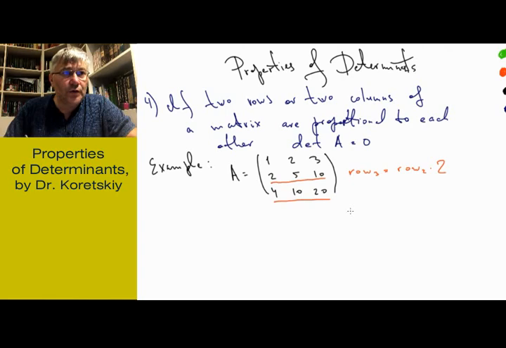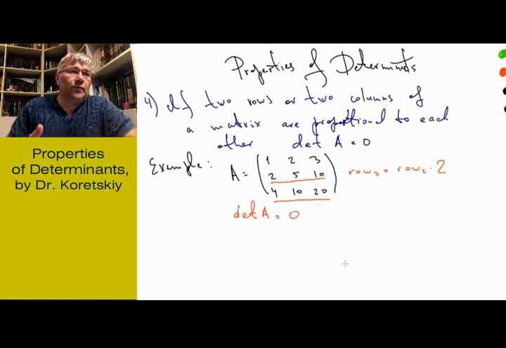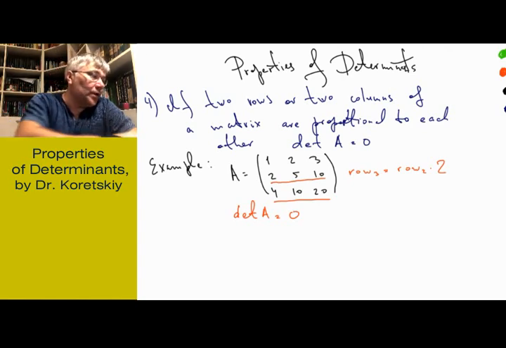Since that, the determinant of the A matrix equals 0. You can check on your own that determinant of A equals 0, but you can believe me and use this rule to calculate determinants of the matrices.